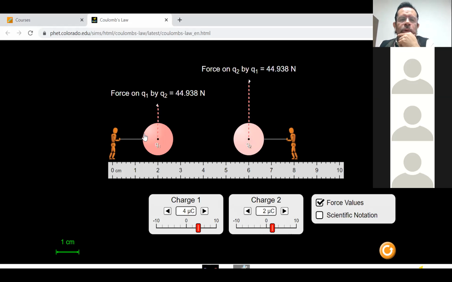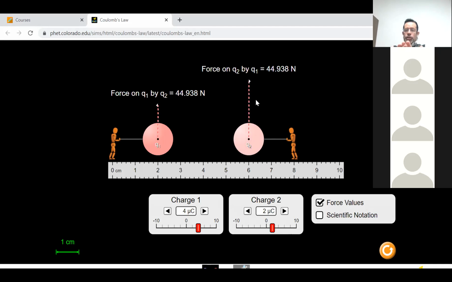Why? Because what's happened now with the forces? It's the same force because I haven't changed the magnitude of the charges, but the charges are now the same sign. So what's happening with the direction of the force, or the interaction there? It's repelling. Now the spheres are going to the other side. So instead of feeling a pull, what are Andrea and Javier going to be feeling?